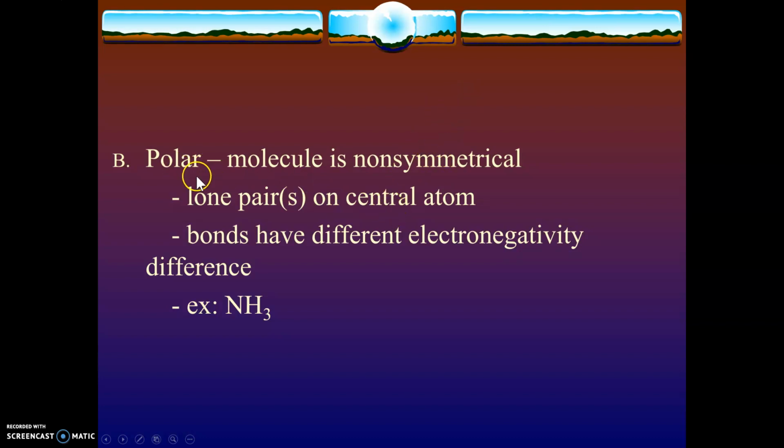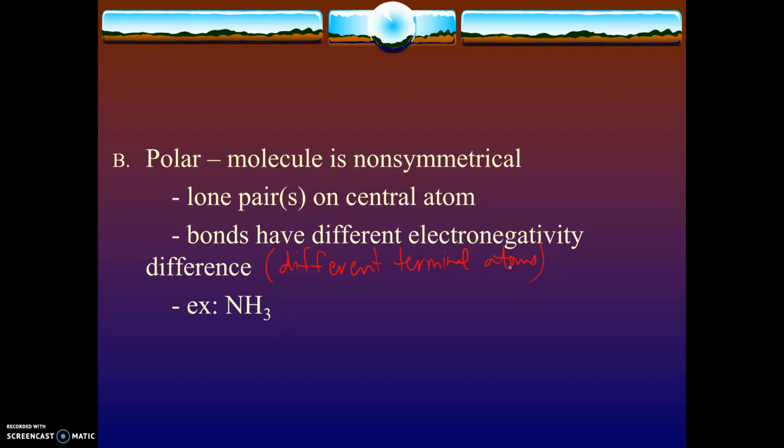So on the polar, it's going to be just the opposite of the nonpolar. You're going to have a lone pair or pairs on the central atom that will automatically make it polar because those lone pairs decrease your bond angle. Or the bonds could have a different electronegativity, which means that you're going to have different terminal atoms.